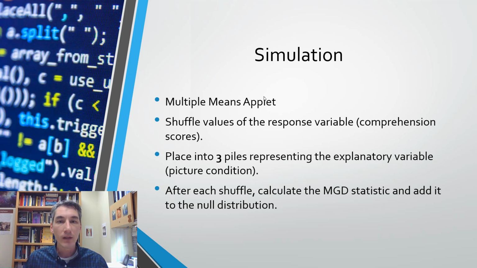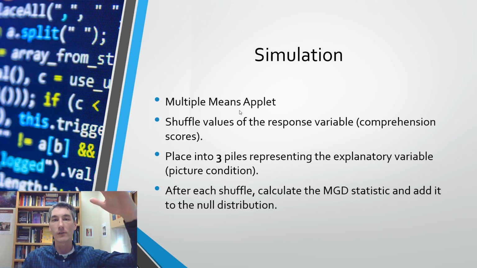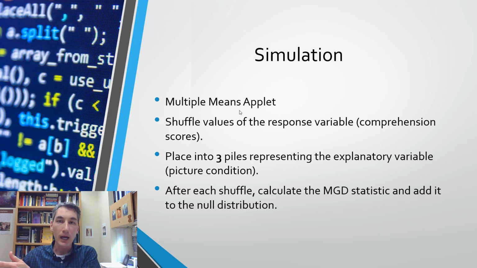Now, to do a simulation, in the next section we'll do a theory-based approach, but 9.1 is a simulation-based approach. We're using what's called the multiple means applet. What the applet will do is take all of the comprehension scores for all of the students, shuffle them all up, and randomly deal them into the 3 piles. Then we get 3 piles, we get 3 averages, and we can compute the mean group difference statistic for those 3 averages, right?